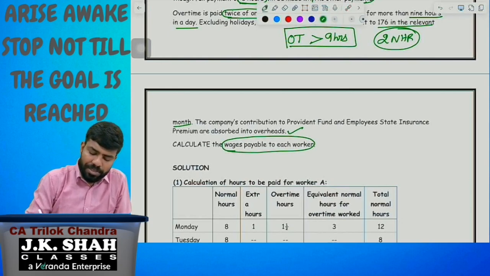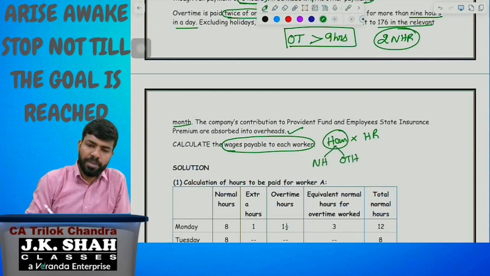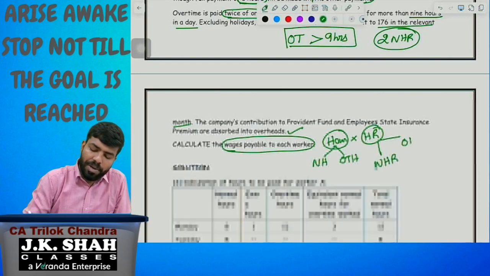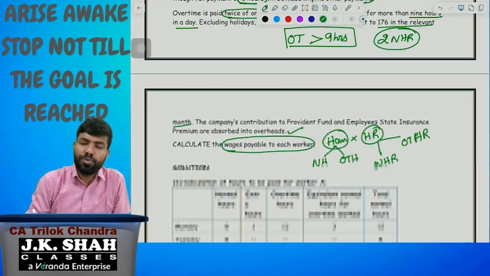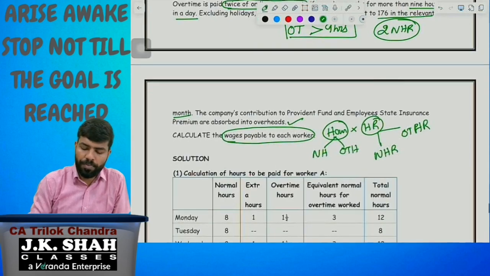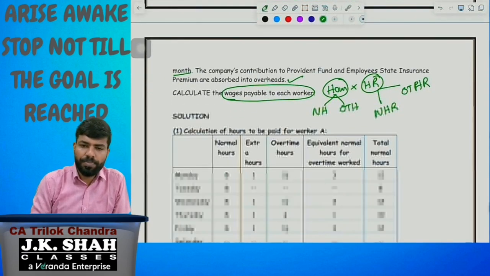Now how to do that means we are going to calculate hours into hourly rate. We need to calculate two things. Hours: we need to know how much is the normal hours and how much is the overtime hours. When it comes to hourly rate, we need to calculate normal hourly rate and overtime hourly rate. So there are two requirements in the question.